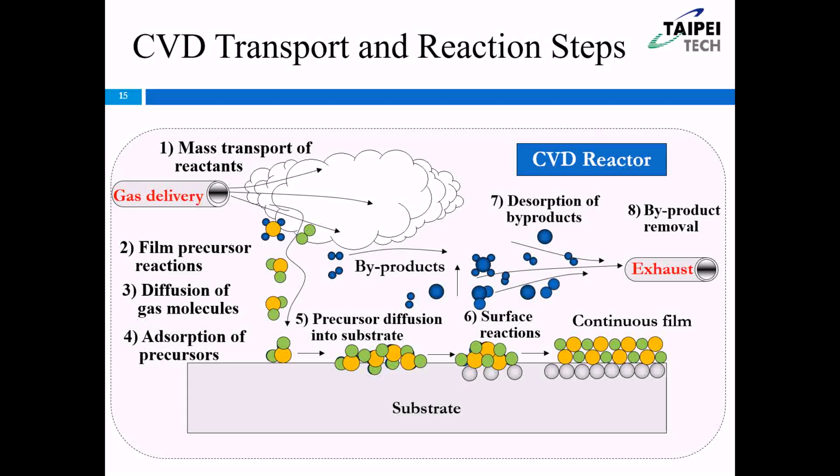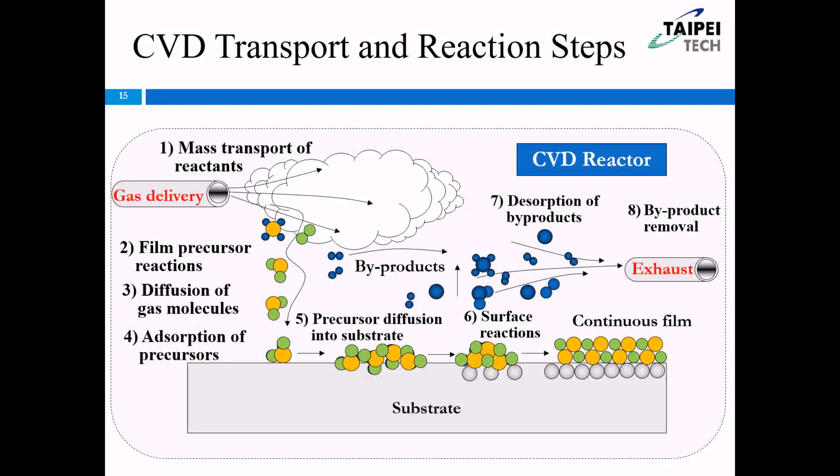There are several sequences of processing steps for the CVD. This is the chamber of the CVD, and the silicon substrate is here, and the precursor is delivered from the gas here. So the precursor is also in the gas phase.